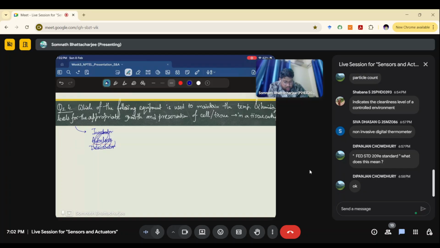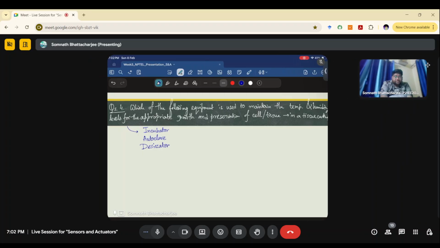Let me write them down. Incubator, autoclave, and desiccator. Yeah, which one is it? And also let me know what the others do as well.